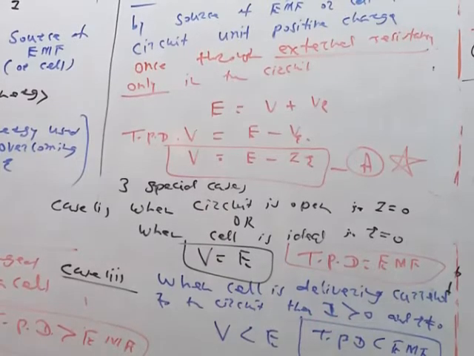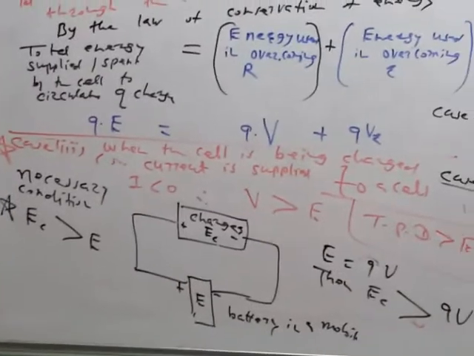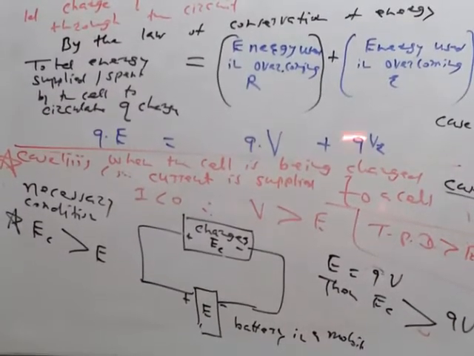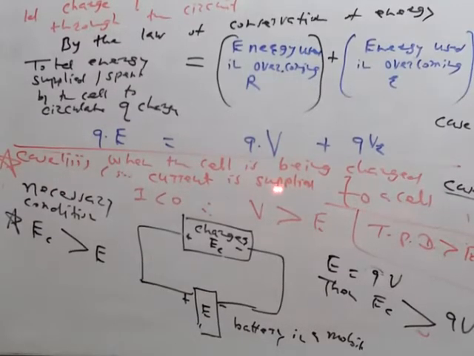And this special case we saw here, when the cell is being charged, then the current is supplied to the cell. So this is the mobile battery and this is the charger of the mobile.